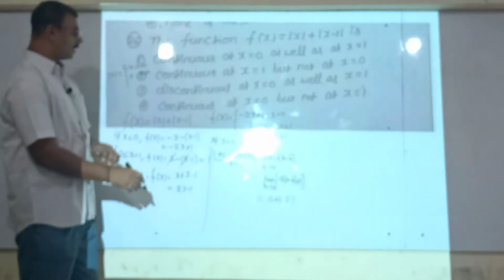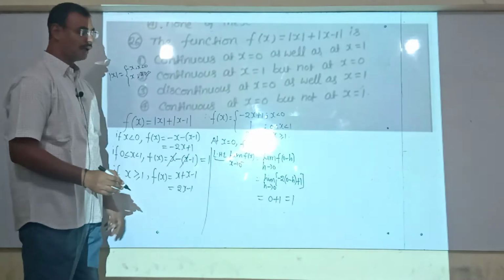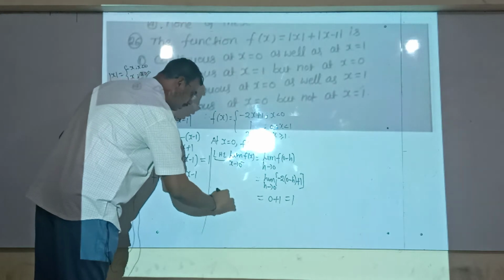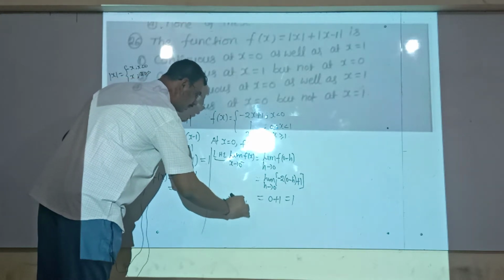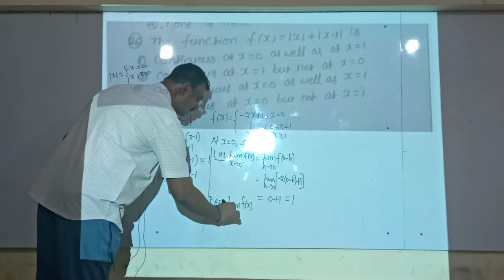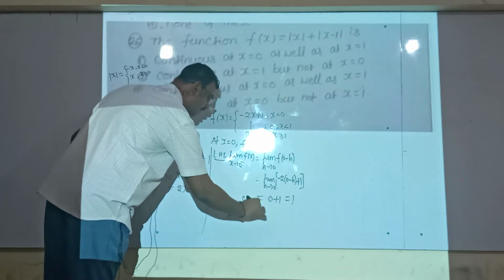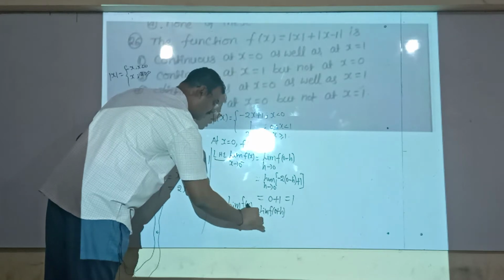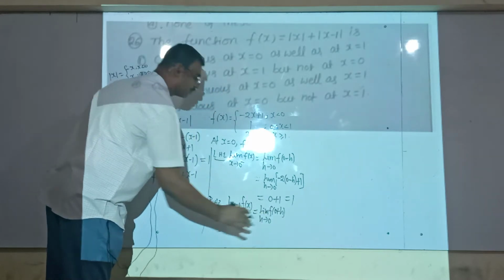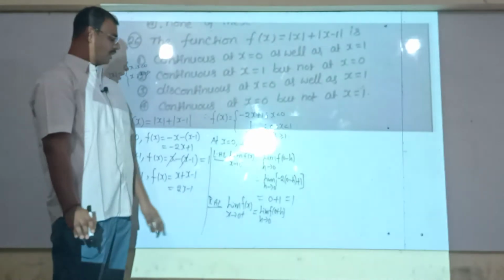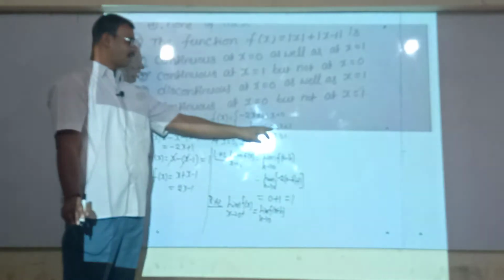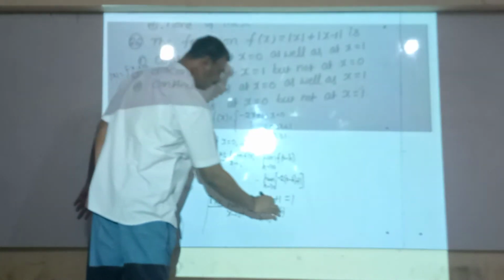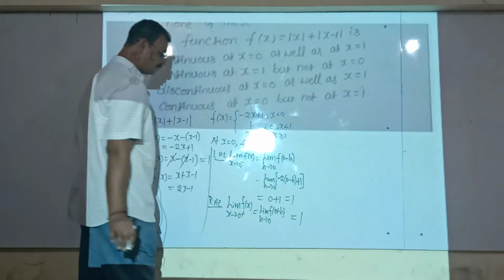In the same manner, we have to find the right hand limit. So RH limit here. Limit of f of x as x tends to 0 plus is equal to limit of f of 0 plus h as h tends to 0. More than 0, when x is more than 0, this is the more than 0 condition. f of x is equal to 1. So the answer will be directly 1.